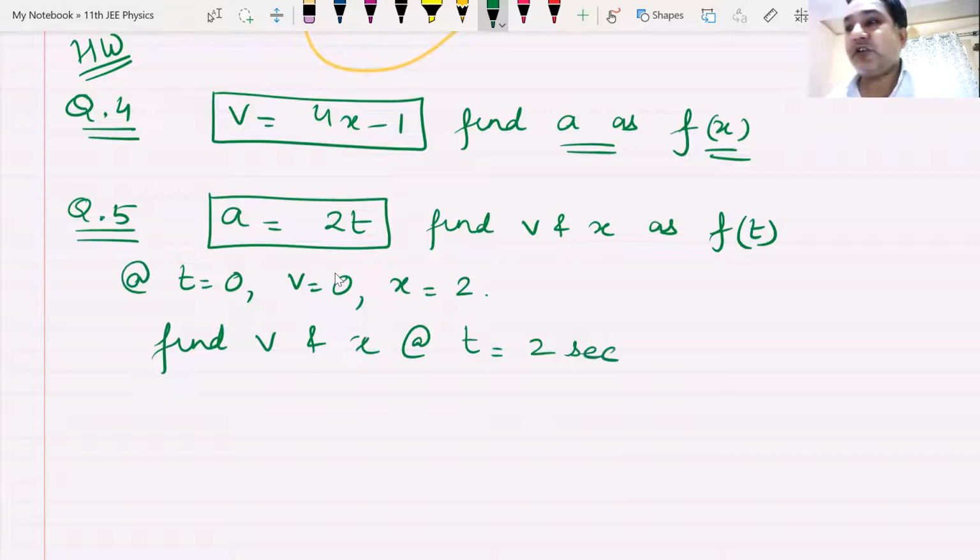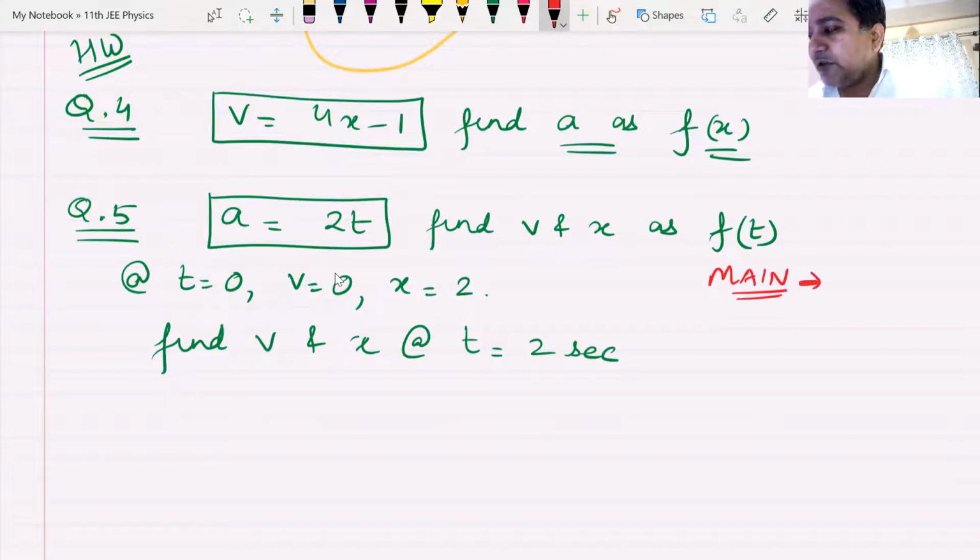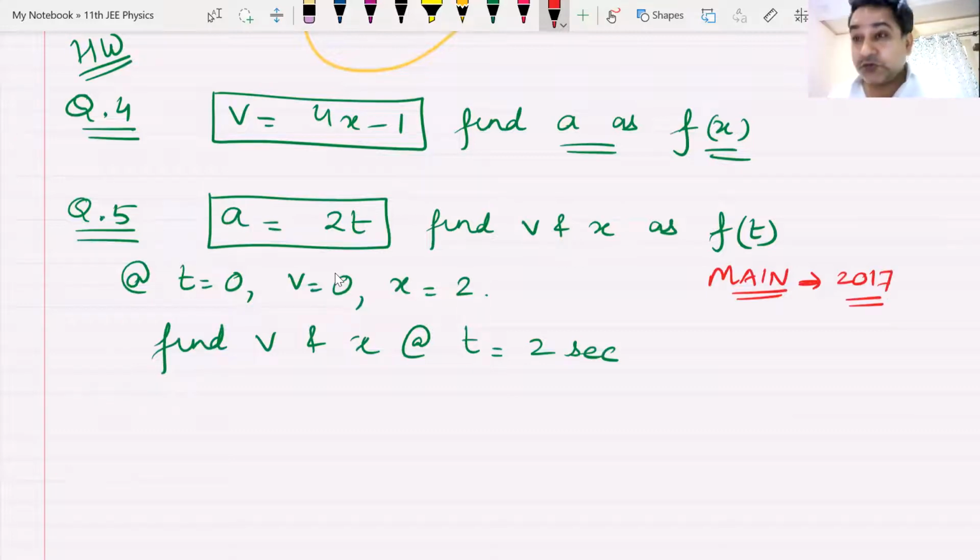So this question has got too many parts. Again, such a question I have taken inspiration from JEE Main 2017 edition. So here is the question. The values may be here and there, but the question remains the same.